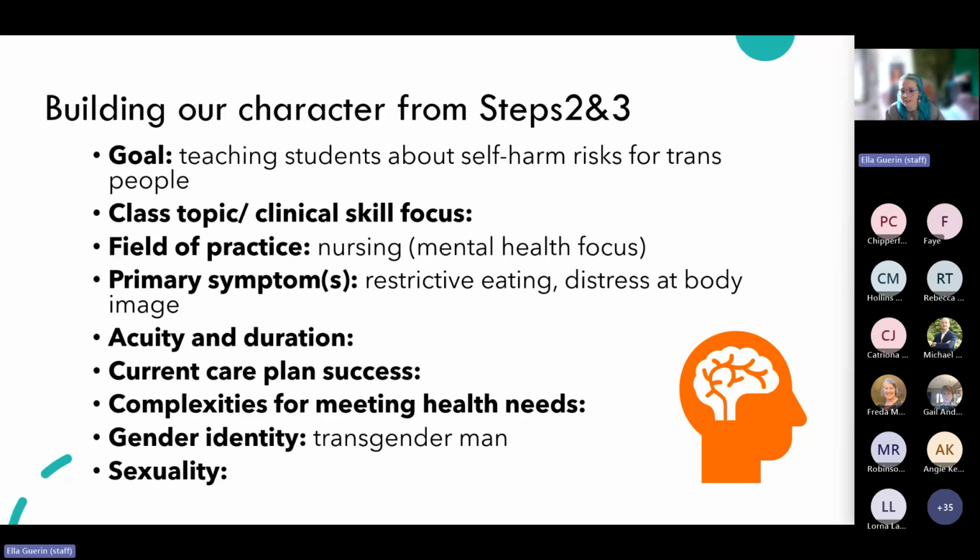So Diane has asked in the chat, is this dysmorphia? So I've given my character, who is a transgender man, symptoms of restrictive eating and distress at their body image. Now, this could well be a pure and simple restrictive eating disorder risk case, but there could be something else going on that is population specific.